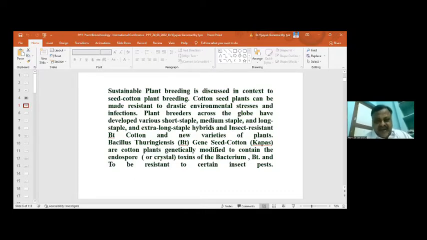Insect resistant BT cotton, naturally pigmented color cotton, and new varieties called Bacillus thuringiensis genetically modified seed cotton, called Kapas, or cotton plants genetically modified to contain the endospore that produces toxicants of the bacterium BT and to be resistant to certain insect pests.